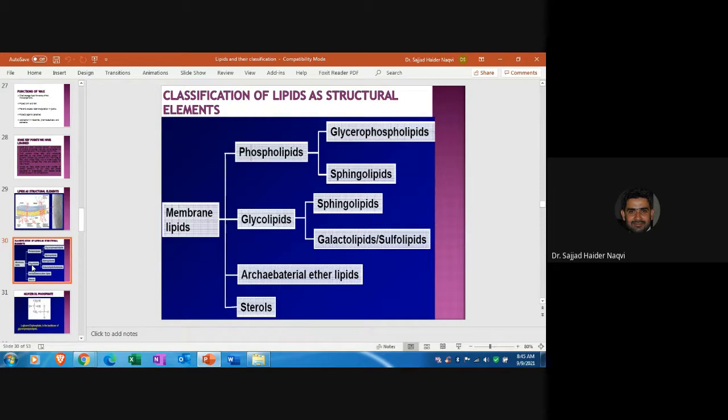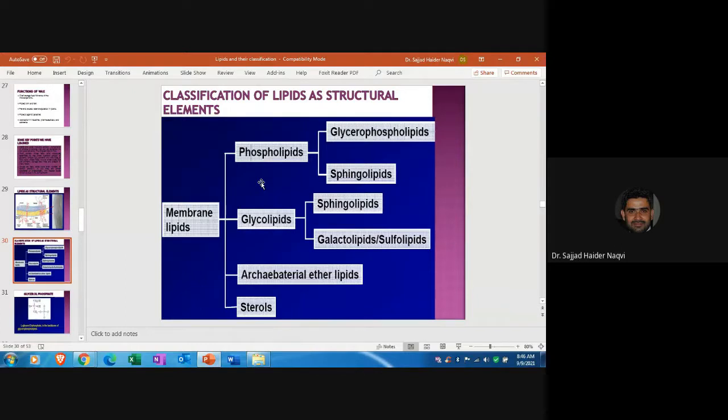Now, within the membrane, there are different varieties of lipids present. And you can see in this flow chart, there are certain varieties of the lipids. You can see phospholipids, glycolipids, then archaebacterial lipids, and sterols. Now, first to start with the phospholipid. Phospholipid is a type of lipid we call the complex lipids. As I told you before, these are lipids attached with some additional group. So in the phospholipids, it's a phosphate group attached with the lipids, and this is one type of complex lipid.